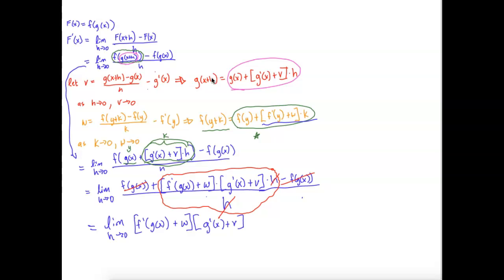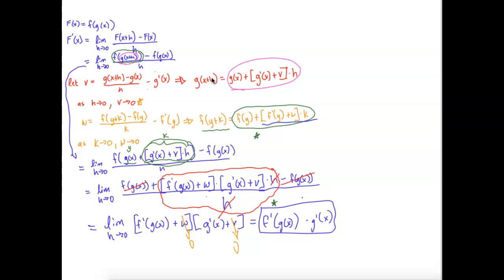But we already referenced, what do w and v do as h goes to 0? Those are also going to approach 0. So as I apply that limit, w goes to 0, v goes to 0, and all I'm left with is f prime of g of x times g prime of x, which is our formula for chain rule.